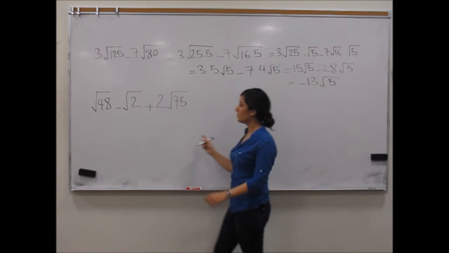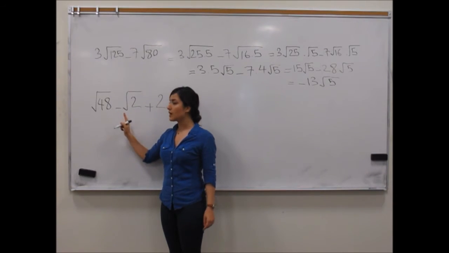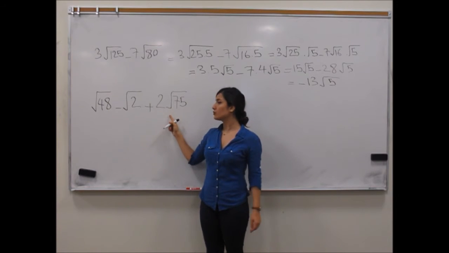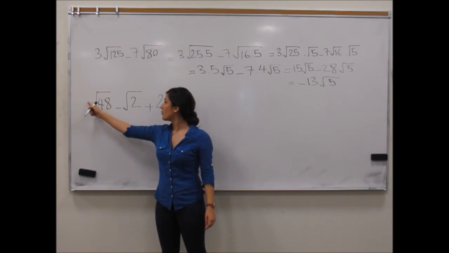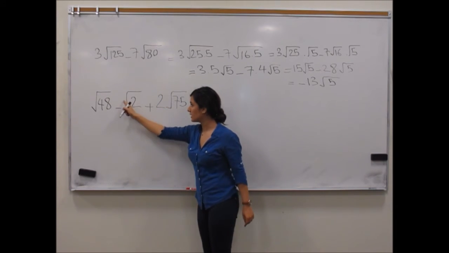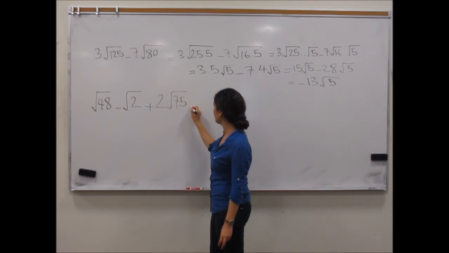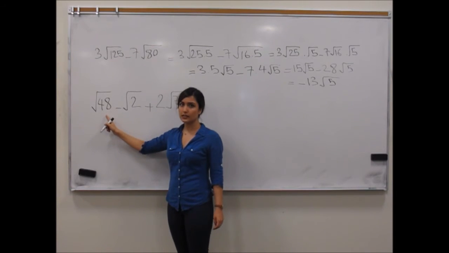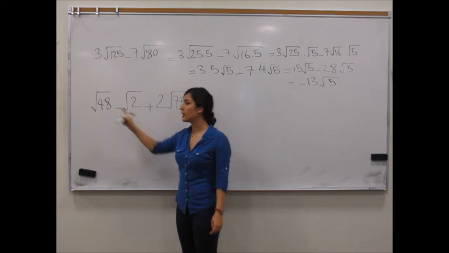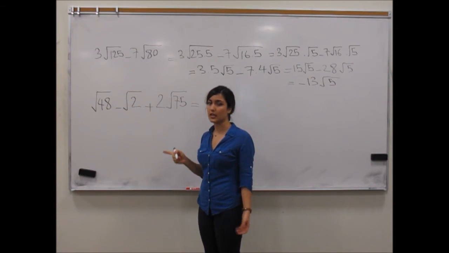The second example is rad 48 minus rad 2 plus 2 rad 75. The coefficients here are 1 and 1, actually negative 1 for rad 2, but we don't write them. So let's try to simplify them. For 48, the largest perfect square that is in 48 is 16. If I divide 48 by 16, I would get 3.